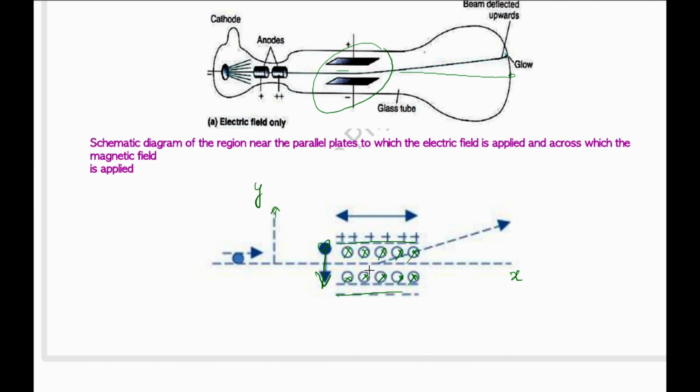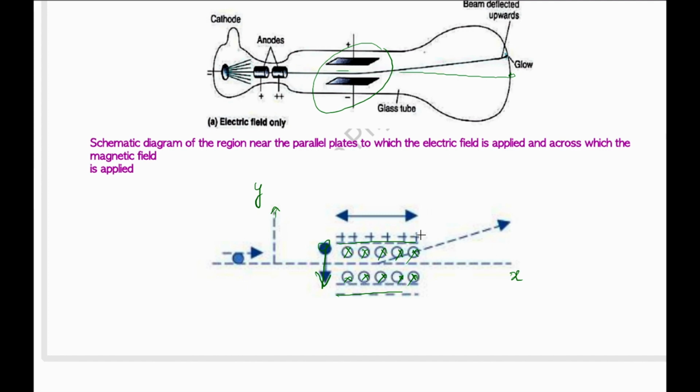And the electron beam can be manipulated, and in the presence of the magnetic field, it is possible to tune the magnetic field in such a way as to nullify this deflection of the electron beam produced by the electric field alone. So when the electric field alone is present, the beam is deflected.